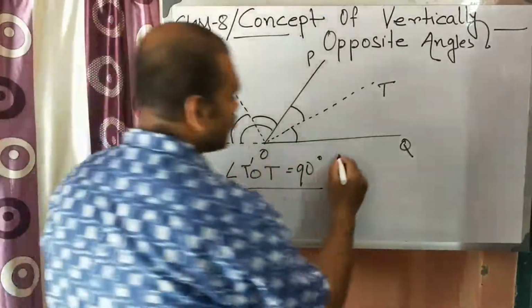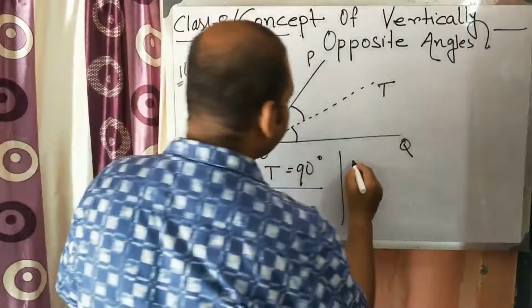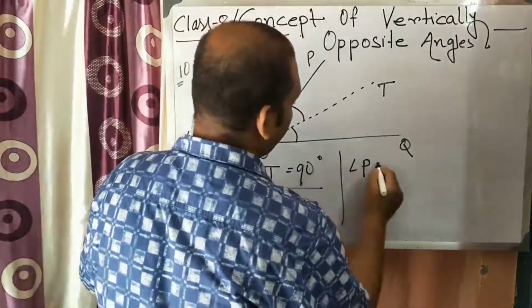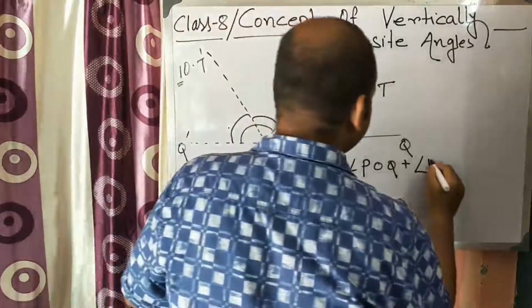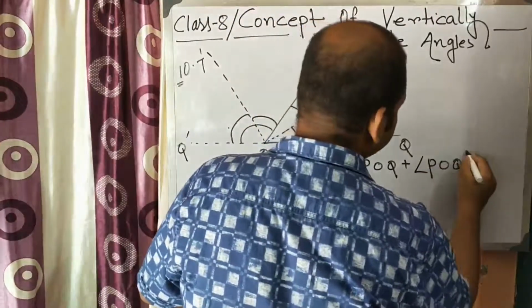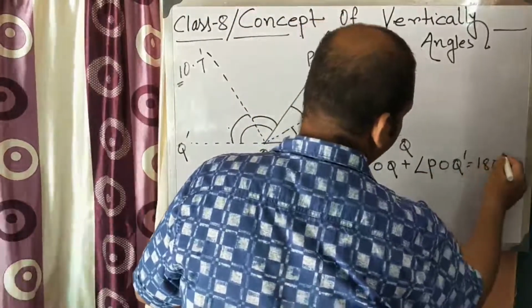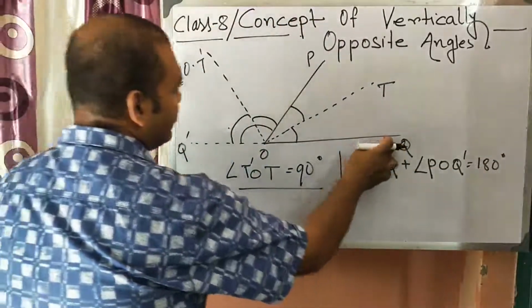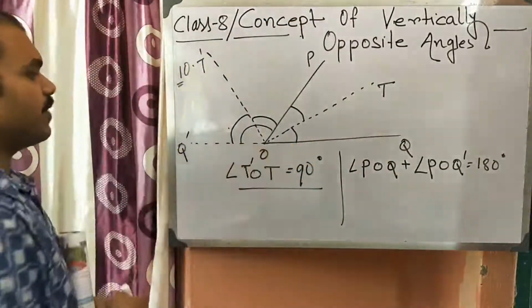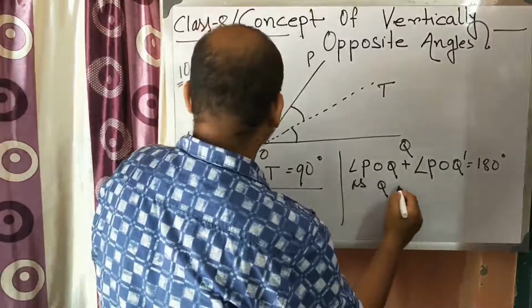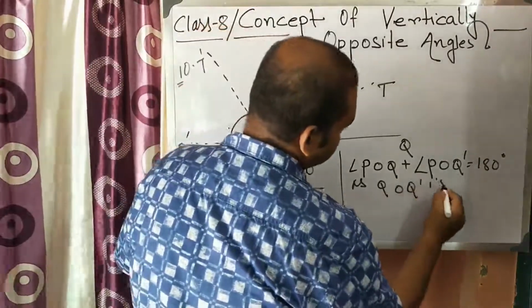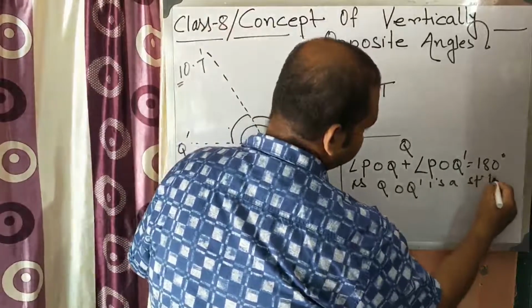Okay, now how? Angle POQ plus angle POQ prime is equal to 180 degrees. Why? Because we have extended QO up to OQ prime, so QOQ prime is a straight line.